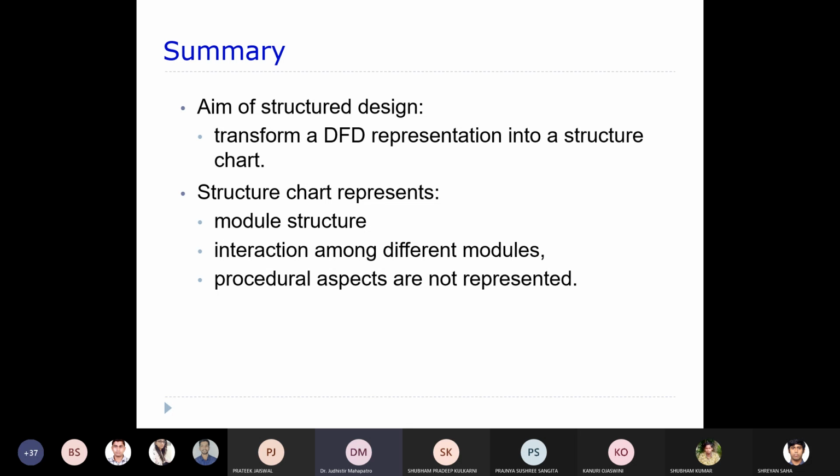Finally, your structure chart represents the module structure, the different modules and their interactions. But the procedural aspects, that means the internal details of the procedures or functions, are not represented using a structure chart. They are not part of the structure chart.